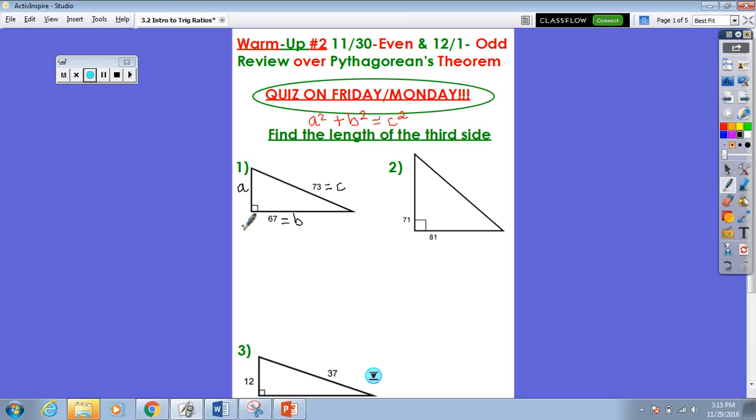So now we need to plug it into the formula. A squared plus b squared equals c squared. Alright, so we don't know what a is, so a stays a squared.